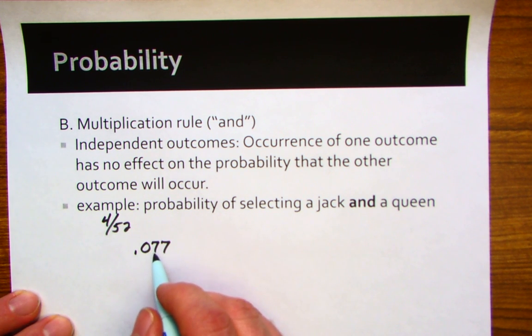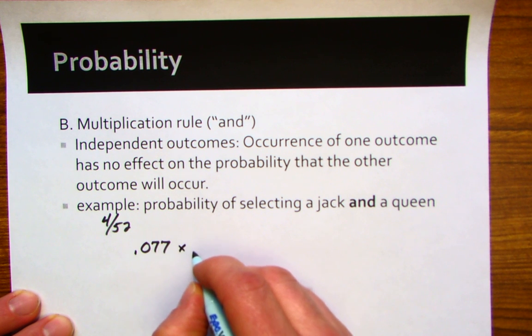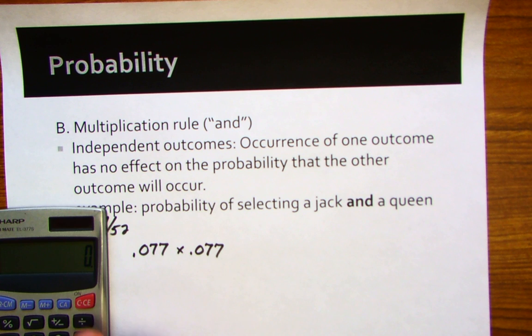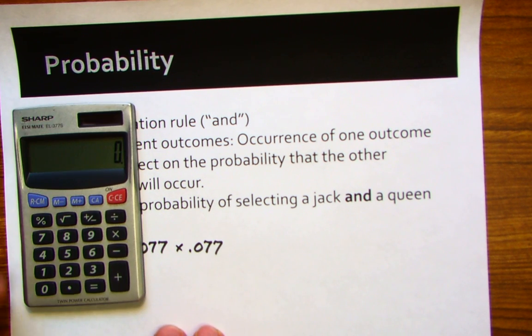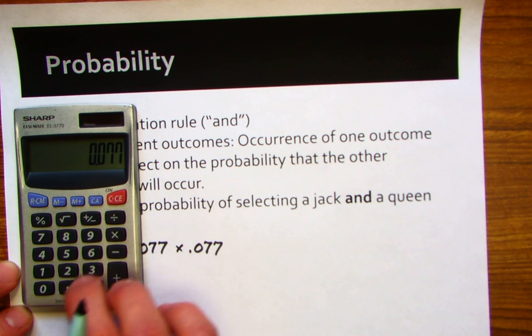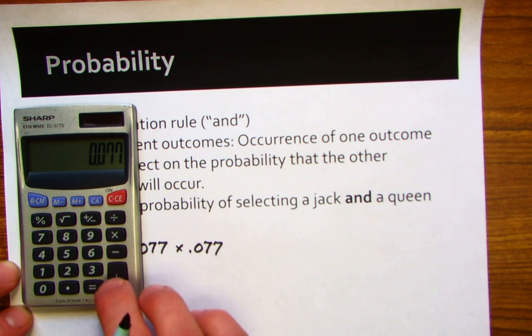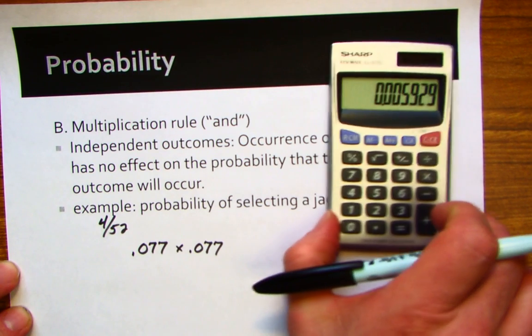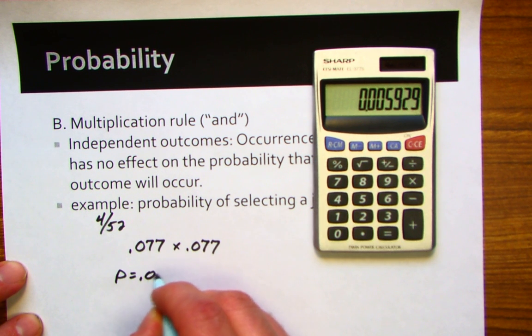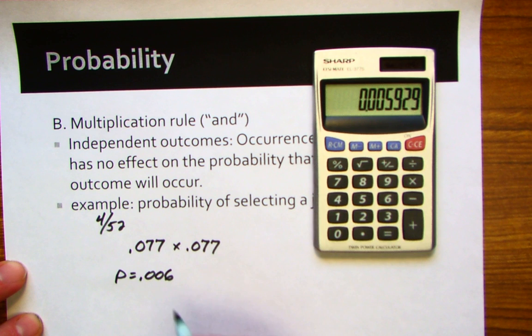So this is for the jack, 0.077, times, what's the multiplication rule, so we're multiplying these 2 together. Our probability equals 0.006 with rounding.